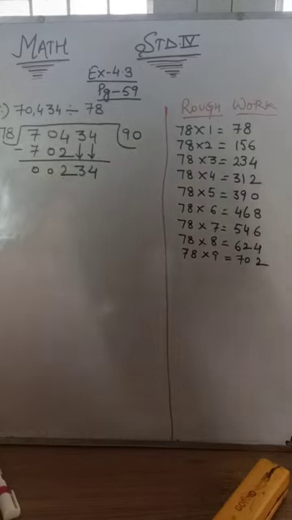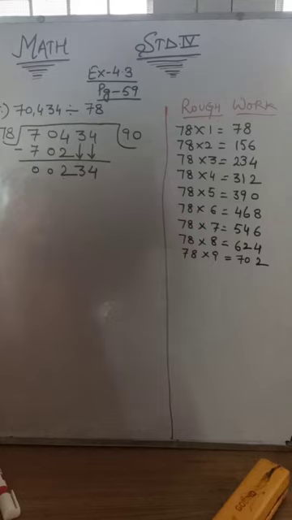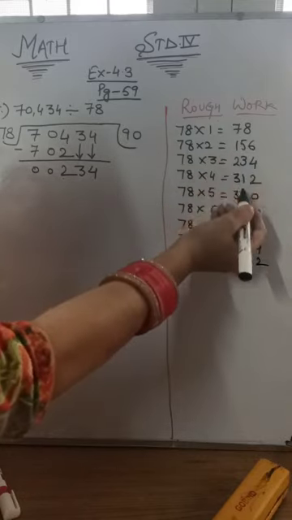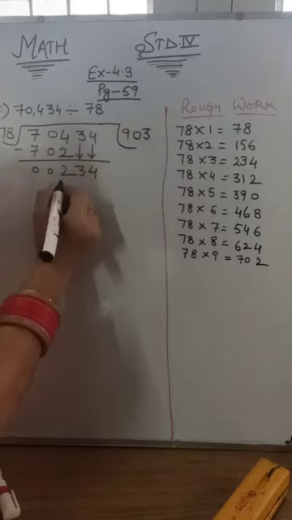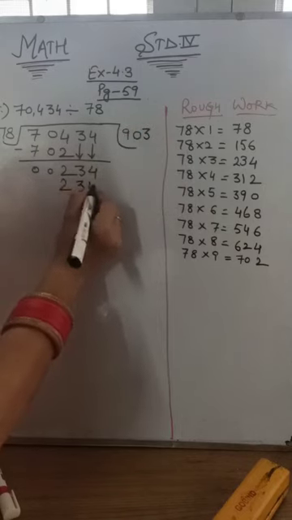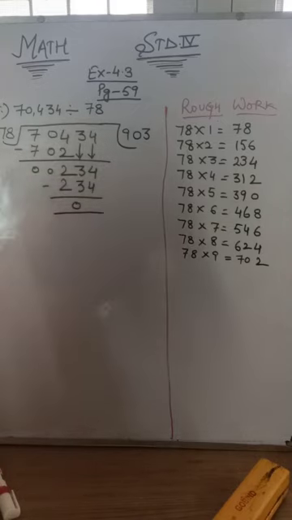Now check if 234 is equal to or smaller than a number in the table. Here is 234. It comes at 3's place. 234 minus 234, no remainder. So the answer is 0.